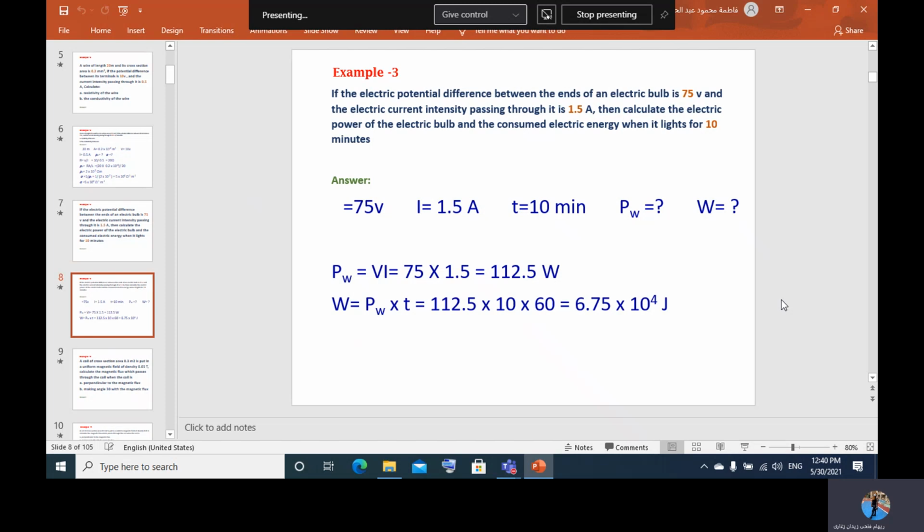And after doing the calculations, I will have the energy, or the work, is 6.75 times 10 to the power of 4 joule. Joule is the unit of energy, or the unit of work. Okay, so this is another example of how to calculate the power and the electric energy if I have the needed ones, like current and voltage.